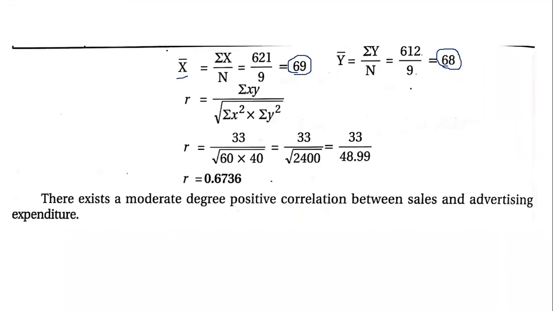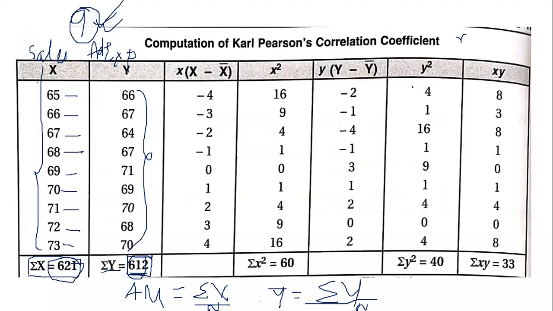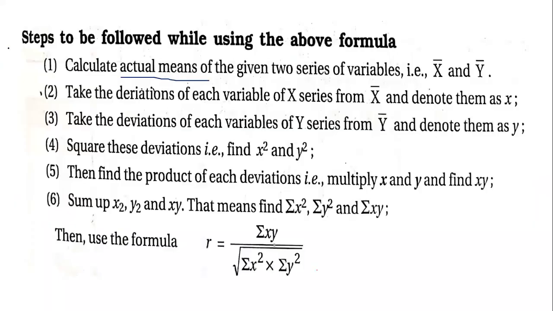So we found x bar and y bar. Now let us go back to the steps. In the first step, calculate actual means of the given two series of variables, x bar and y bar. So we have completed this step.